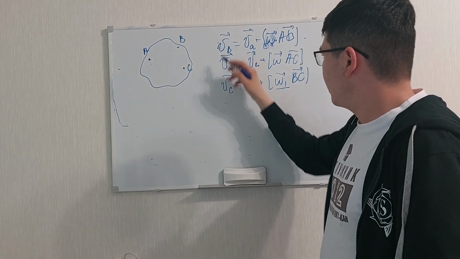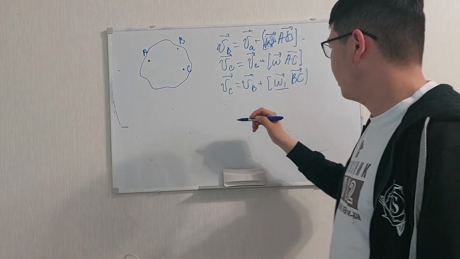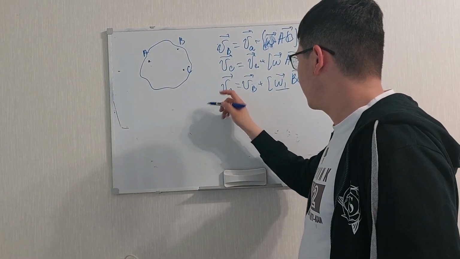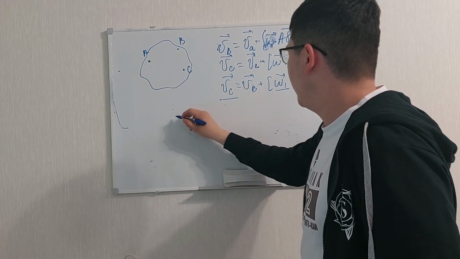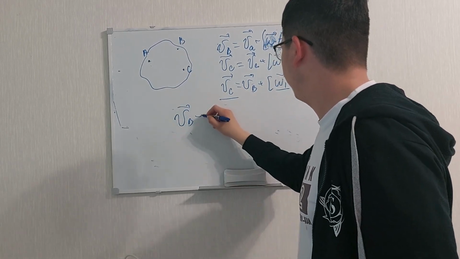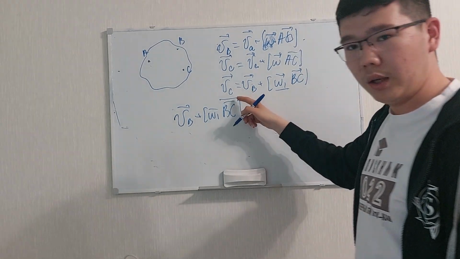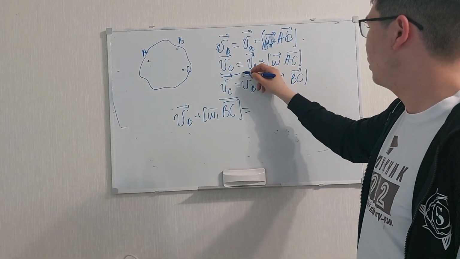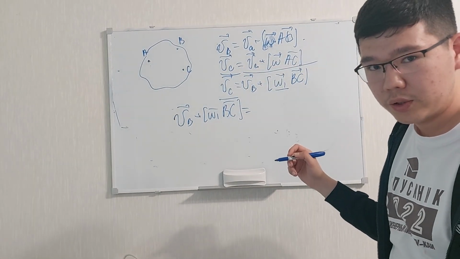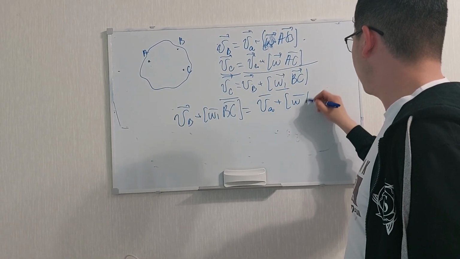Now, using this system of equations I've written, let's write that VC on one hand is equal to VB plus omega 1 BC. We know it from the first equation, but on the other hand it's equal to what we've written in the second equation: VA plus omega AC.